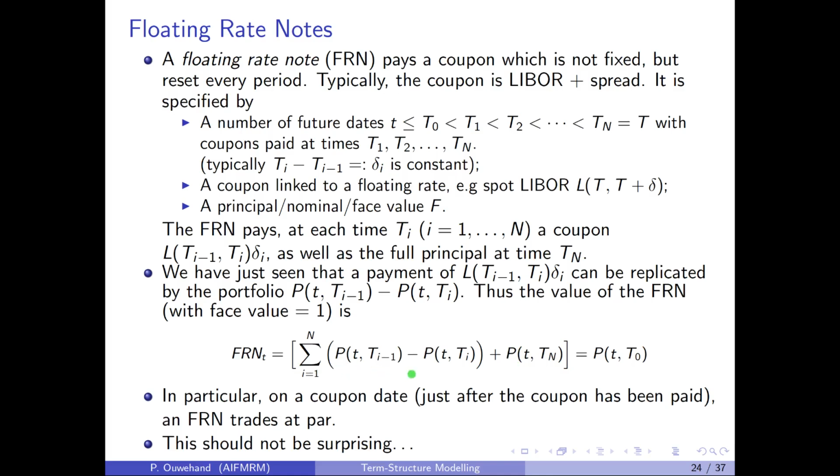Now this sum here is a telescoping sum where most of the terms cancel out. And thus when we expand this sum and cancel all the terms, we're left with the first term, P(t, t0). In particular, on a coupon date t0, just after the coupon has been paid, a floating rate note trades at par.